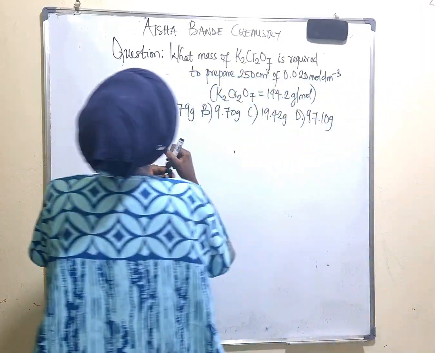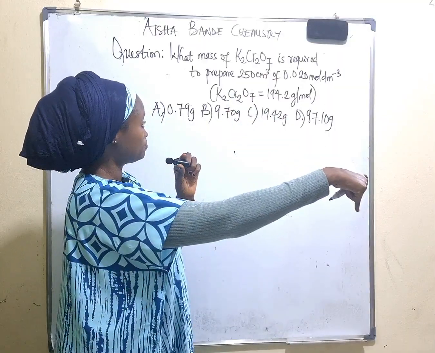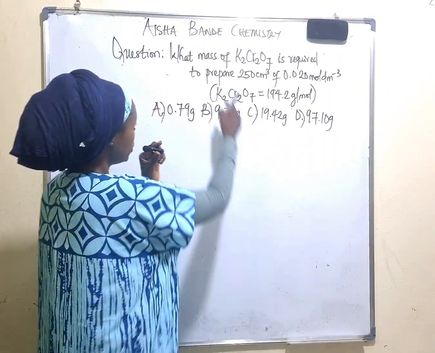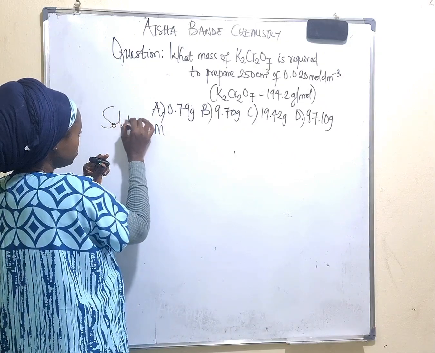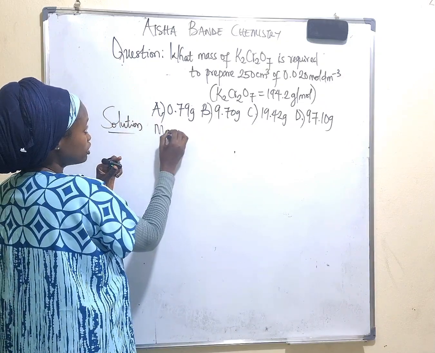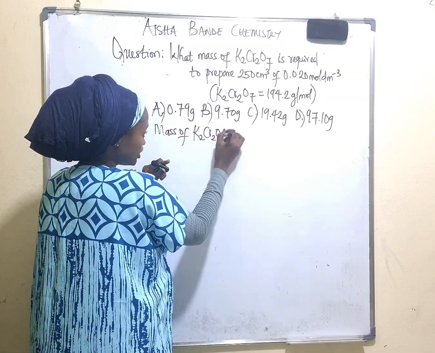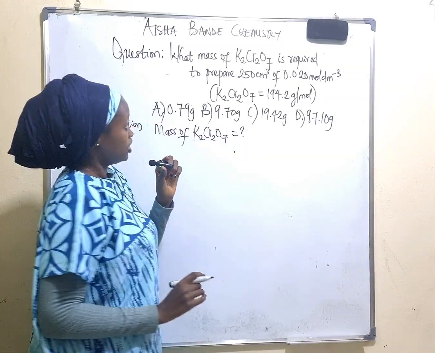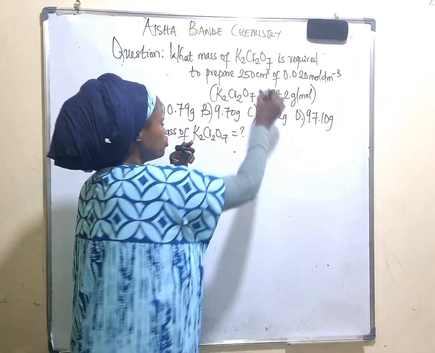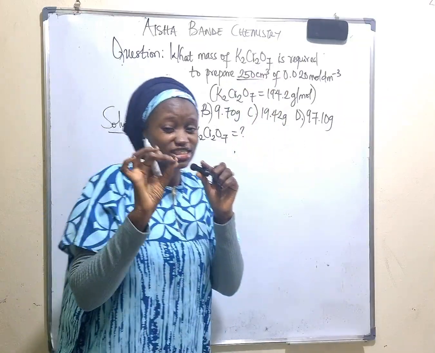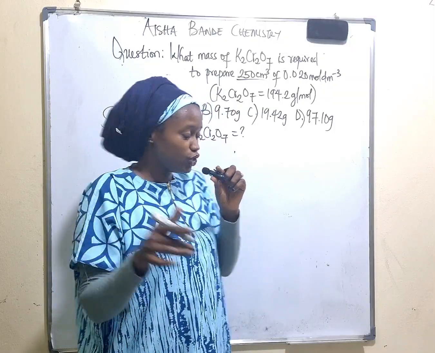The first thing I tell my students to do is write out the parameters given in the question. So we are looking for the mass of K₂Cr₂O₇ that is required to prepare 250 cm³. Anytime you see the unit cm³, that quantity is volume.